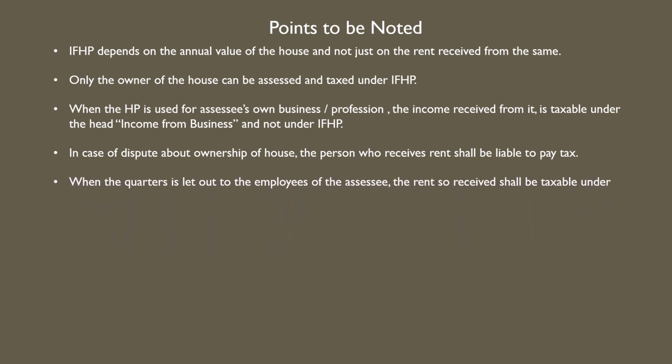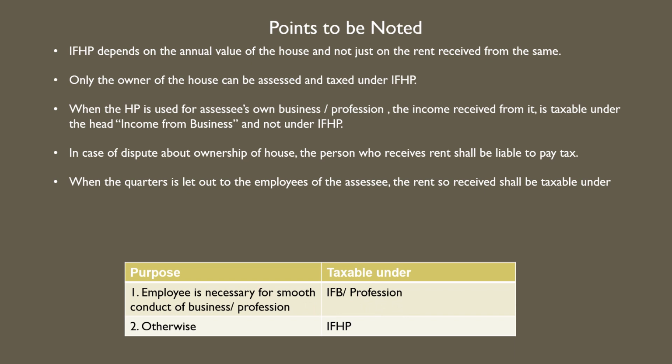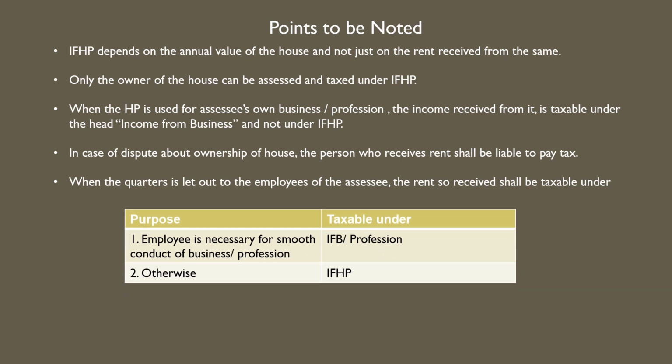When the quarters is let out to employees of the assessee, the rent so received shall be taxable under the following. If the employee is necessary for the smooth conduct of business or the profession of the assessee, then the rent received from that employee will be taxable under income from business or under profession.